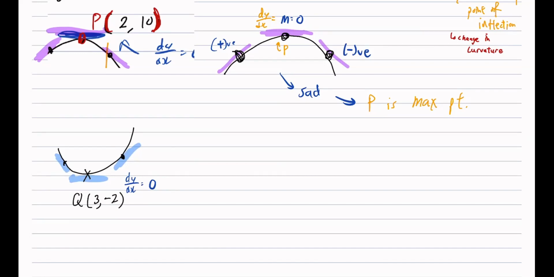And then you realize something special. What's so special? The sign of the tangent is special. What sign is this, plus or minus? The gradient, sorry. Negative. How about this one? m equals 0. And the right one?